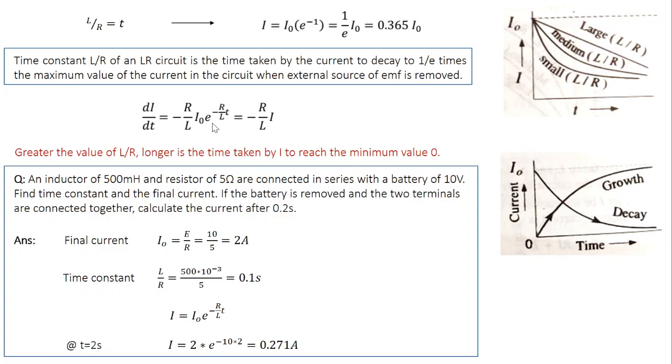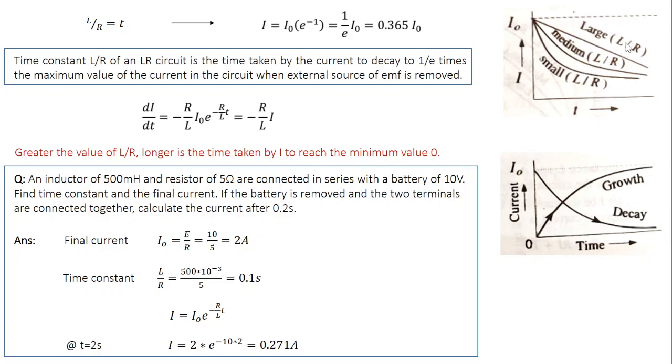This term I naught e to the power minus R/L into t is nothing but I. So this is minus R/L into I. So the rate of decay is directly proportional to R/L, or you can say the rate of decay is inversely proportional to L/R.